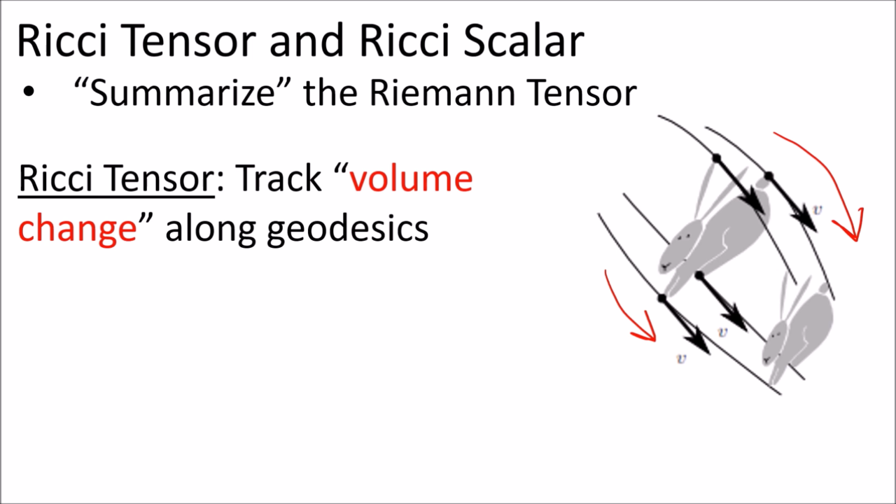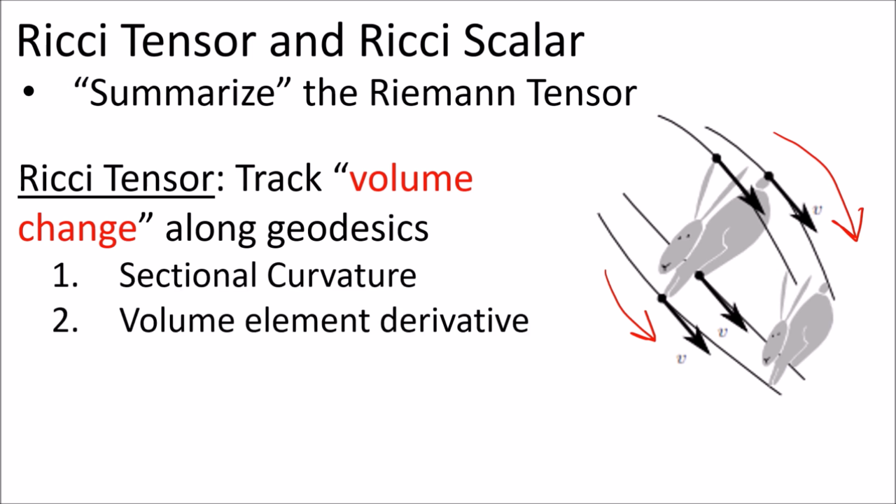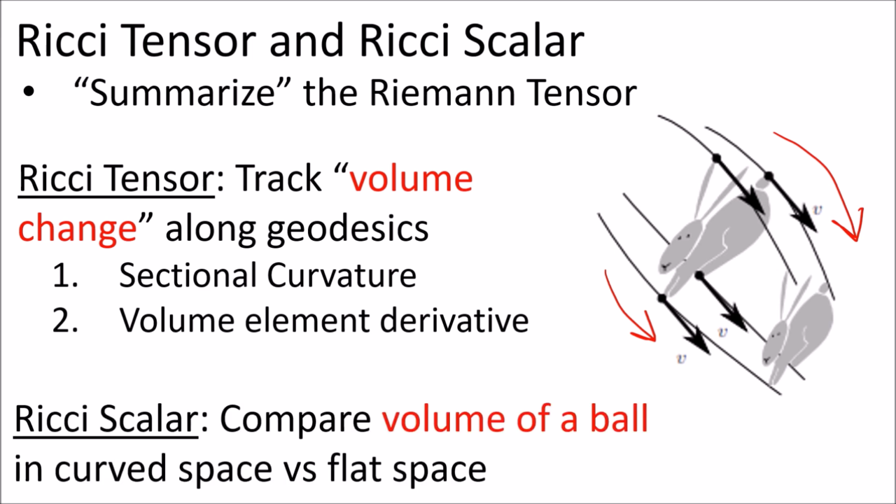So the Ricci tensor tells us about how volumes grow or shrink as they move along geodesics. And there are two geometrical approaches to understanding the Ricci tensor that I'll discuss: sectional curvature and the volume element derivative. Also, the Ricci scalar is a number that's used to compare the volume of a ball in curved space to the volume of a ball of the same radius in flat space.